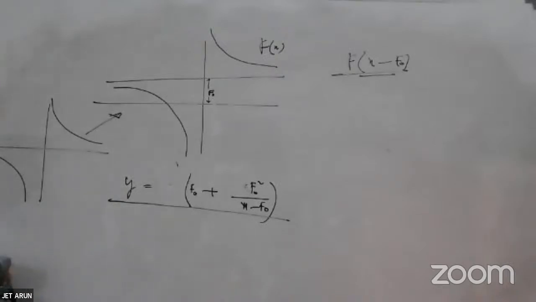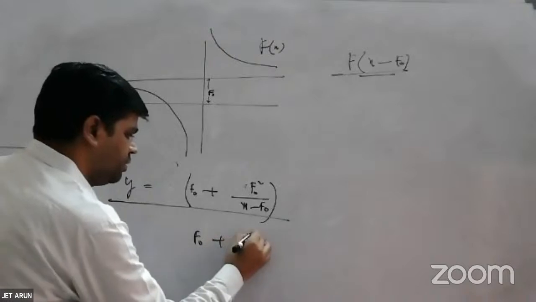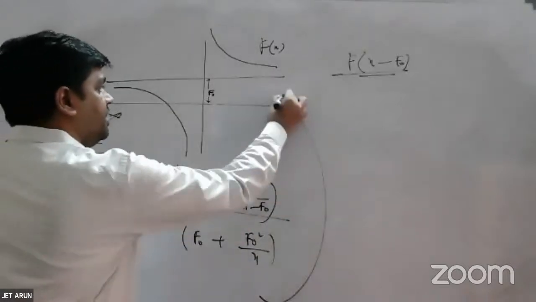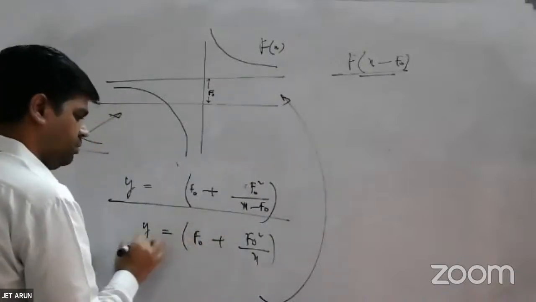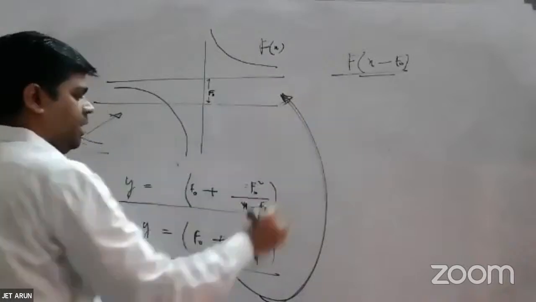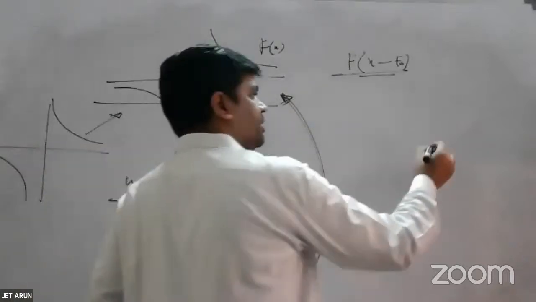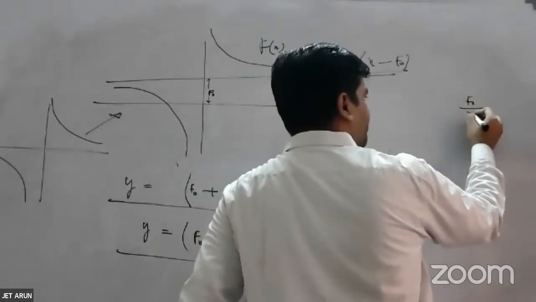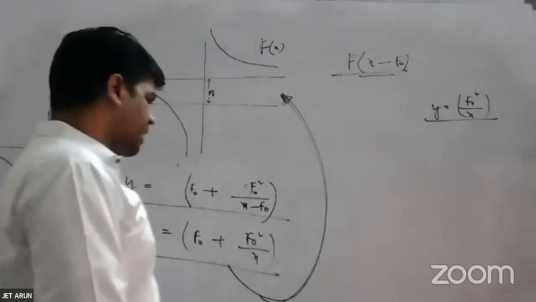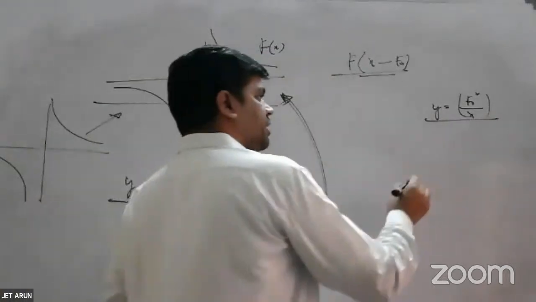See, there is f0 plus f0 square by x in this equation. This equation is this one. Right? f0 square by x, 1 by x. I have f0 square by x in the first equation, the parent equation. Sir, how did that equation come?